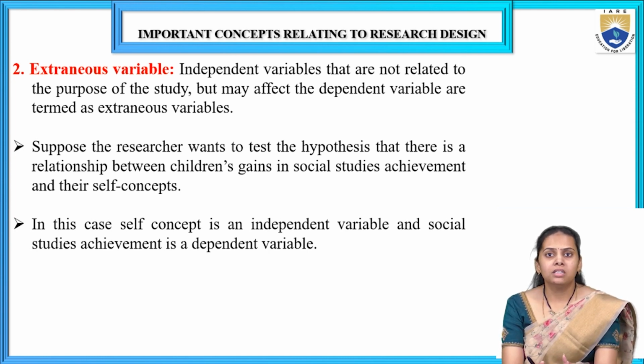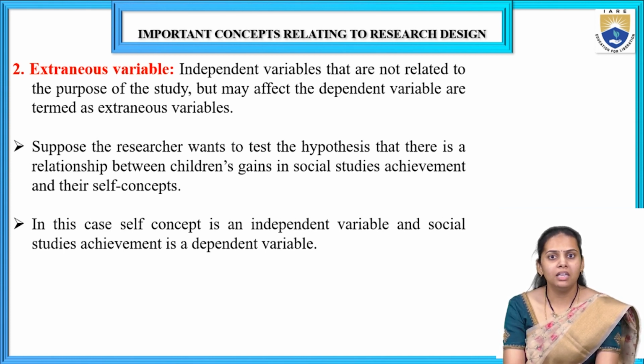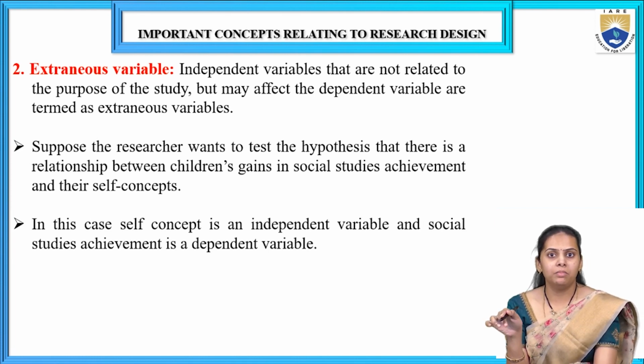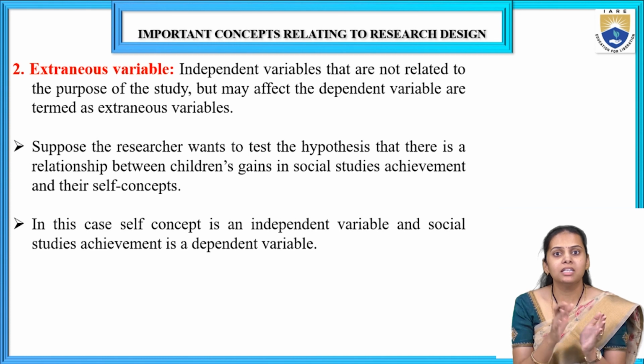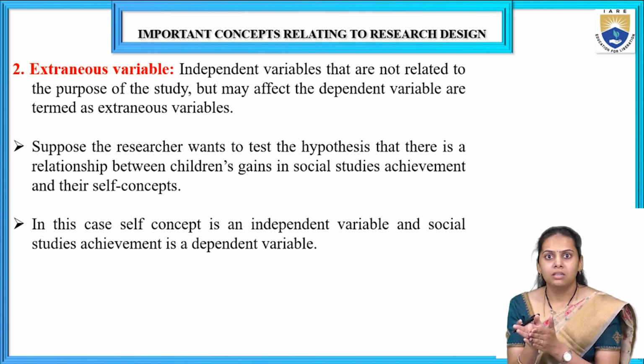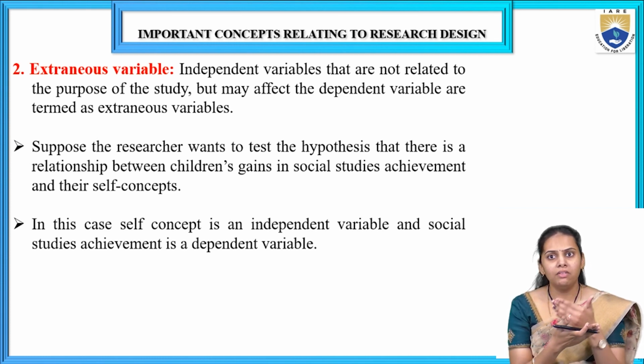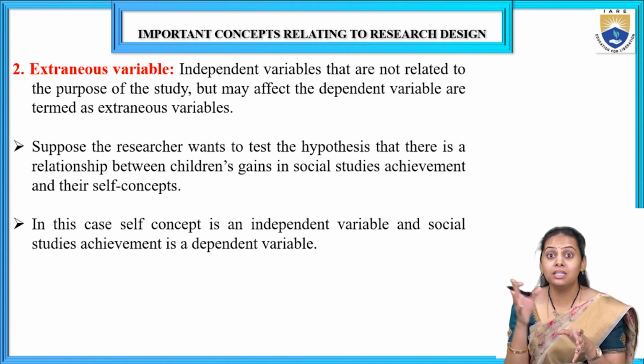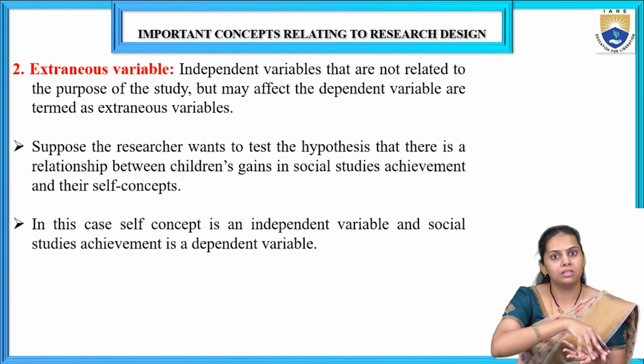For example, the researcher wants to test the hypothesis that there is a relationship between children's gain in social studies achievement and their self concepts. In this case, self concept is an independent variable and social studies achievement is a dependent variable, because the self concept is always independent based on the student, whereas social studies achievement is dependent on the student's self concept.